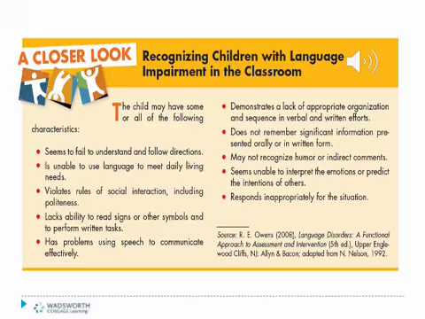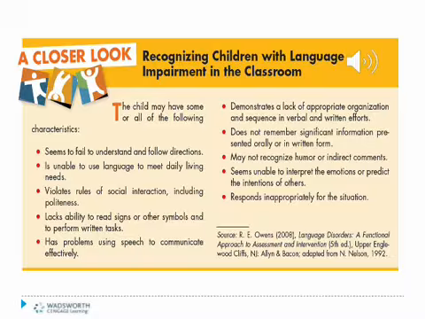If the child violates the rules of social interaction, including politeness, if the child lacks the ability to read some signs or other symbols, or even to perform written tasks, that's a sign.